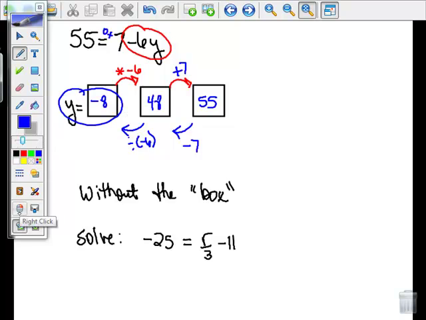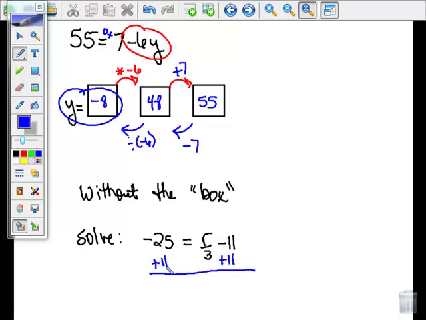So let's go ahead and try this without the box method, because let's face it, that's how you have been taught in the past, and I want to be consistent with that. I just wanted to introduce the other method to show you what's going on. So if we think about this, thinking back to the box method, the first operation was divide by 3, subtract 11. So we undo this and we add 11 for our first step.